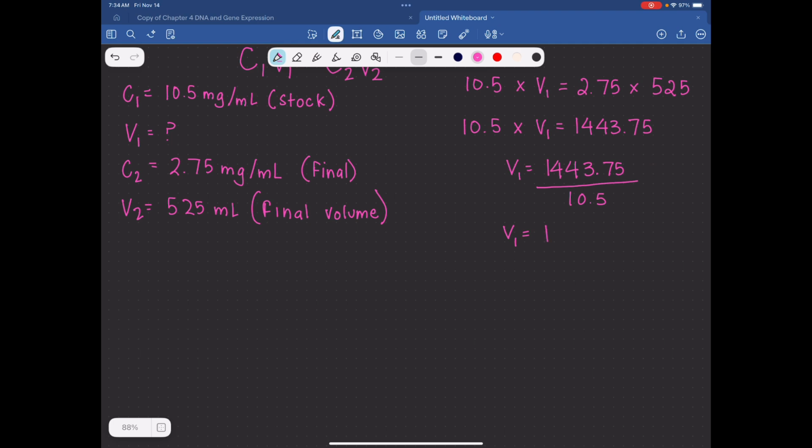So our V1 is going to be 137.5 milliliters. And so that's already rounded to 1 decimal place.